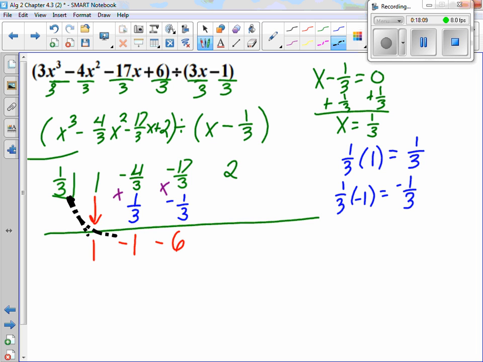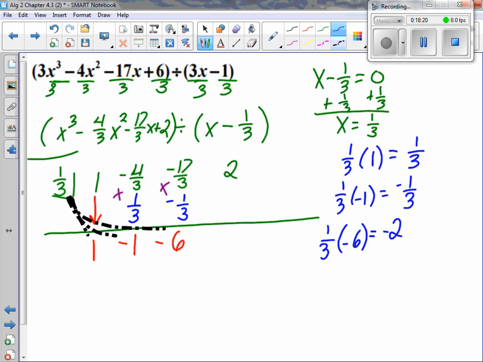Okay, lastly, well, 1/3 times -6 is -2. We can add these together, and if we add them together, we get 0, since the last number, box it.